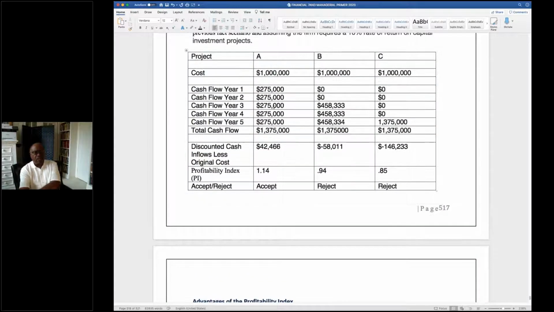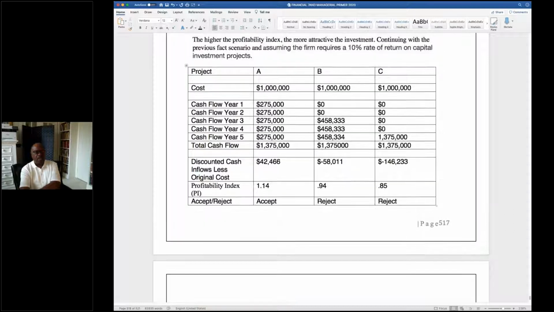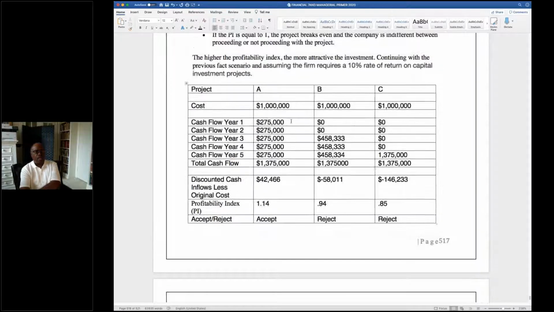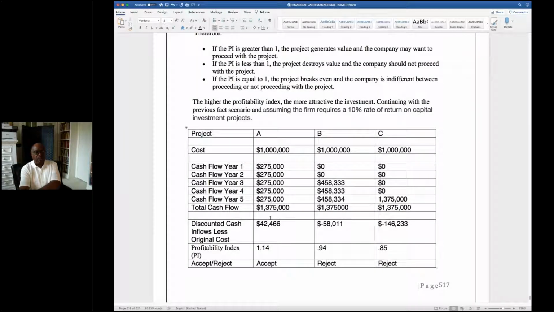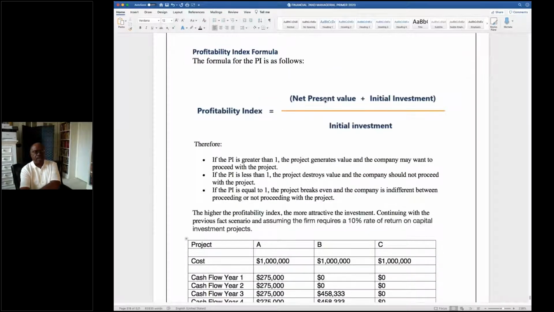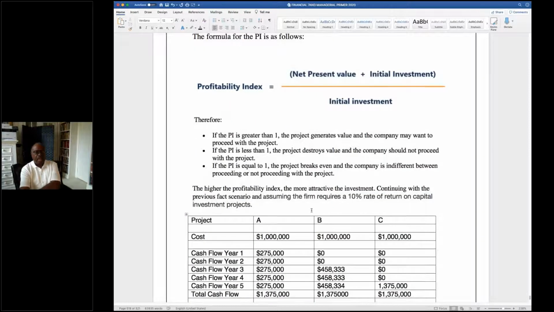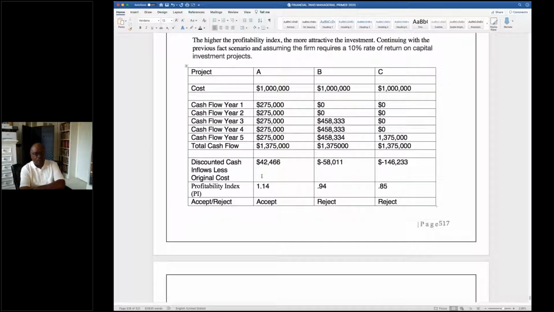If you remember, when we discounted these inflows, these were the numbers we got: 42, 50, 81, 46. So to get this 1.14, we take the 42,466 net present value, add in the million, what the investment was, and we divide by $1 million.